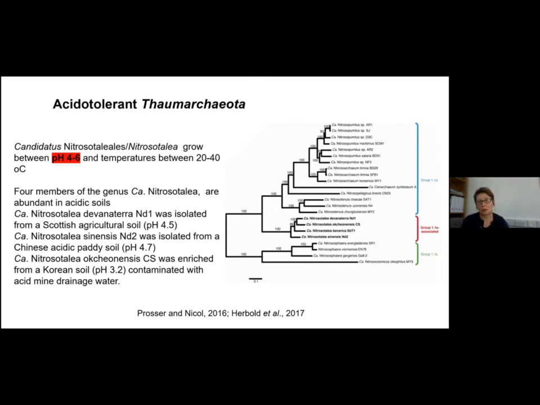And some of these organisms were shown to be in acidic soils and in other environments with rather acidic pHs. But again, they probably could be just acidotolerant, not acidophilic.